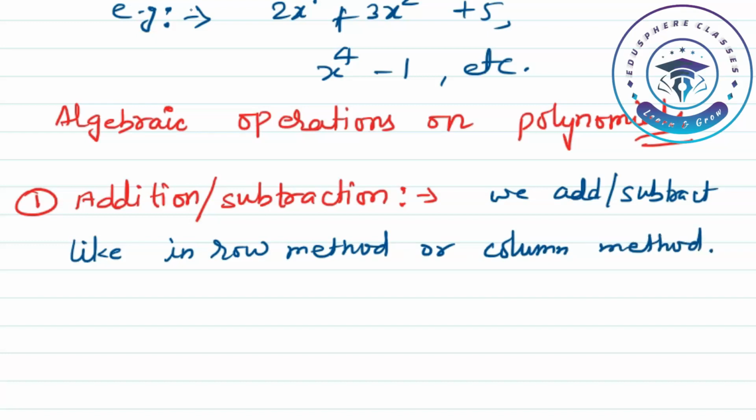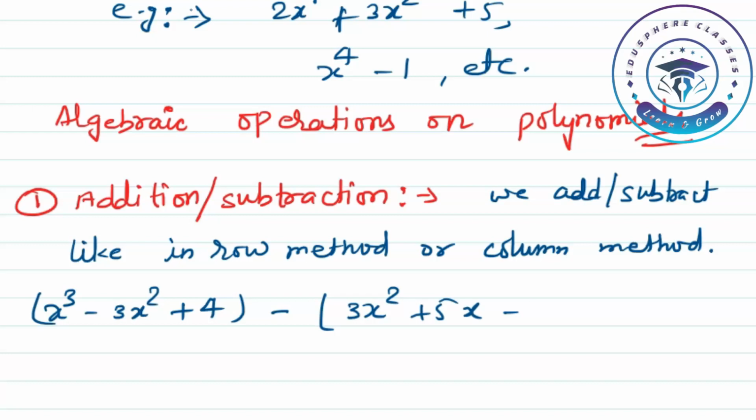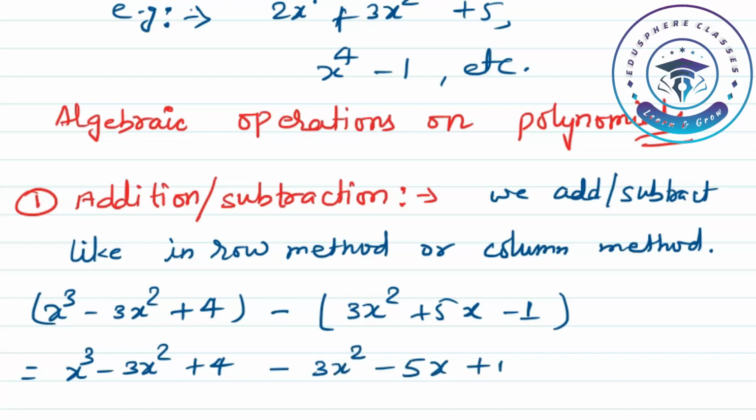For example, x cube minus 3x square plus 4, and suppose we have to subtract 3x square plus 5x minus 1. So what we will be getting is x cube minus 3x square plus 4, and then minus 3x square minus 5x plus 1.